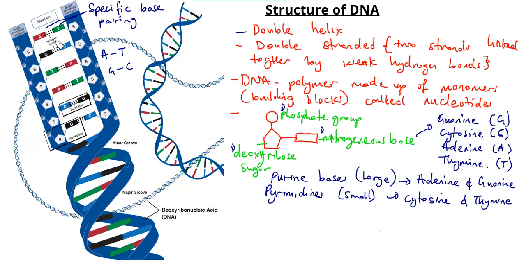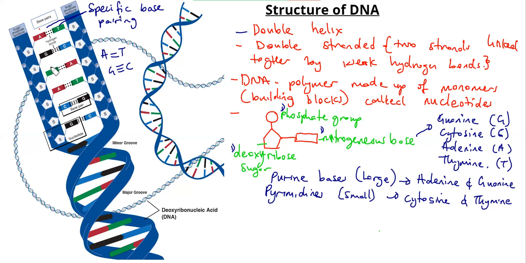That's what we have. And what we can also see is that with A and T, we see two weak hydrogen bonds, and between G and C, we see three weak hydrogen bonds. That's also what we can see there.